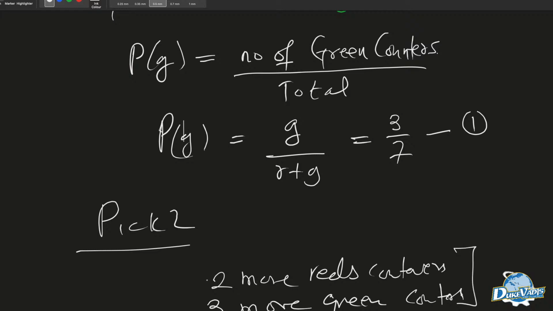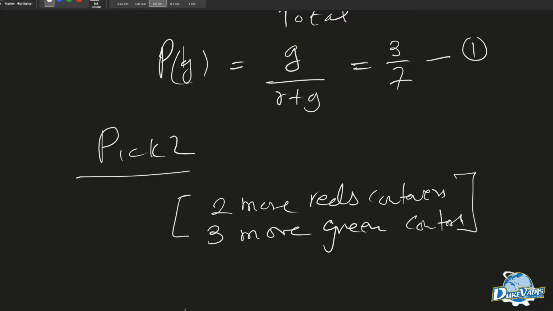Okay, so with this, what is happening? Originally, with 2 more of the red and 3 more of the green, our second pick, the total for the second pick will be red 2 more and green 3 more.